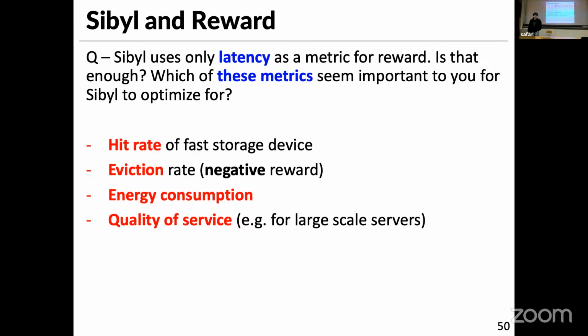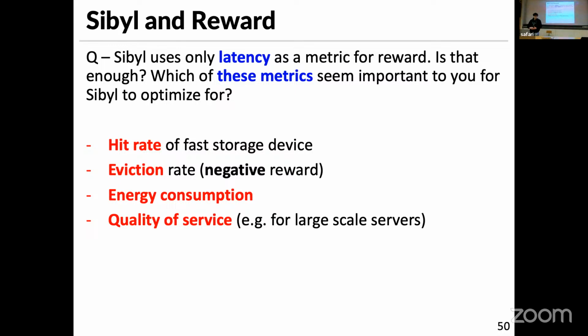As for the hit rate, actually in the paper, it was tried. They tried to use the hit rate and also the eviction rate with a negative reward, and to add that into the reward of Cibil.